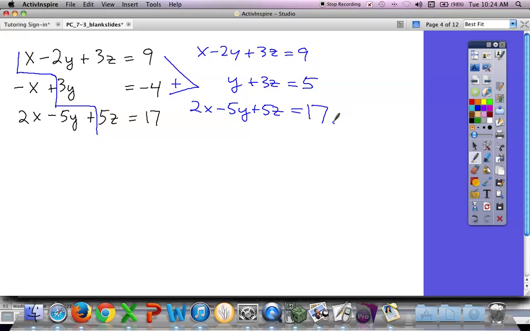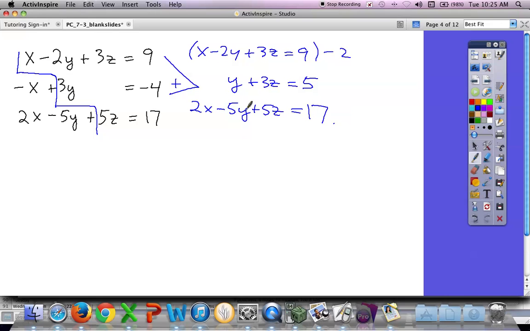Let's multiply this row by negative 2 and then add it to this row and put the result in the third row. You're not going to see the row which was multiplied by negative 2, because we don't want to change it. So let's multiply this row times negative 2, add it to this row, and put the result here.